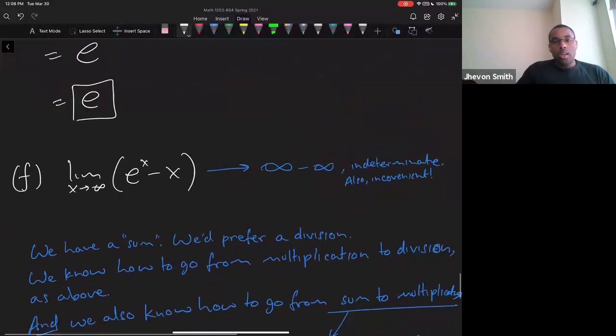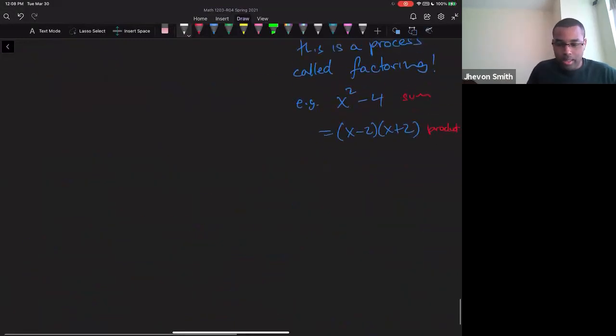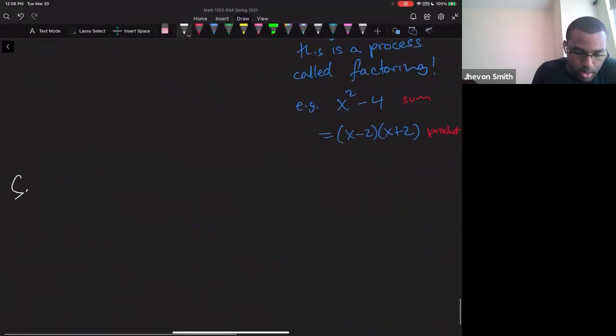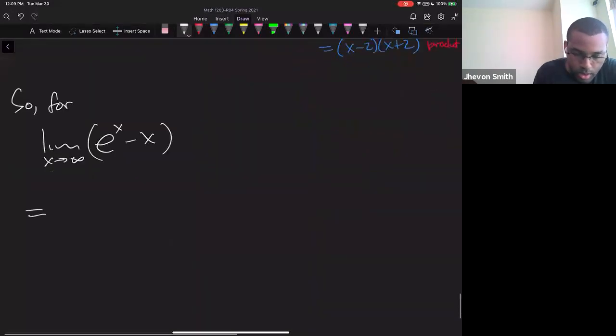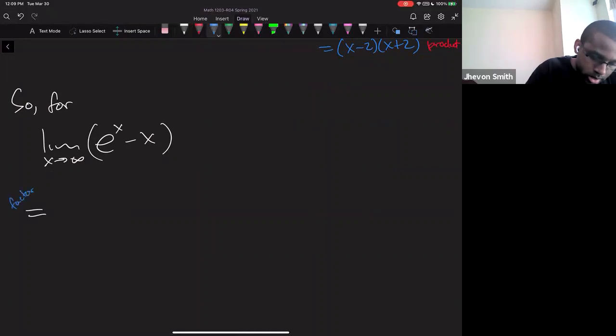So that's what I would do. I would try to factor. So for the limit as x approaches infinity of e to the x minus x, how can you factor this in a convenient way?